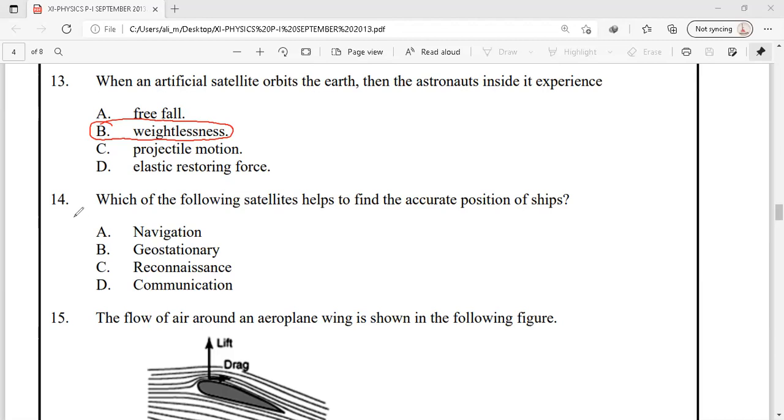Which of the following satellites helps to find the accurate position of the shapes or the object? The satellites that are used to find the accurate positions of the shape or different objects are known as navigation satellites. Option A is our right answer.